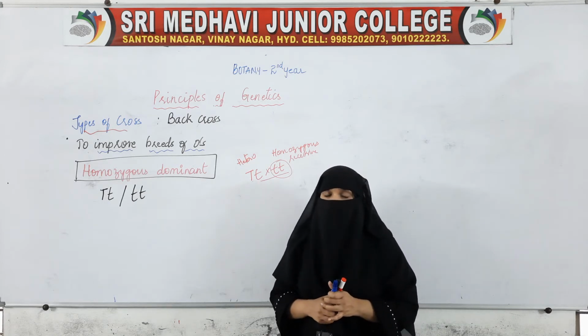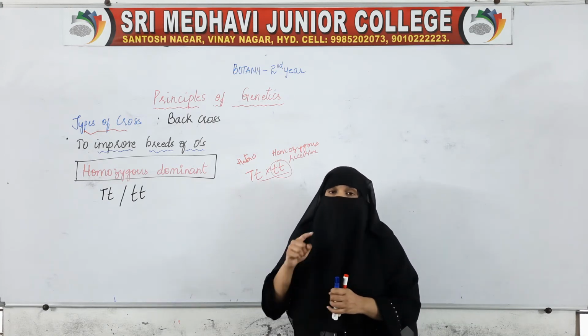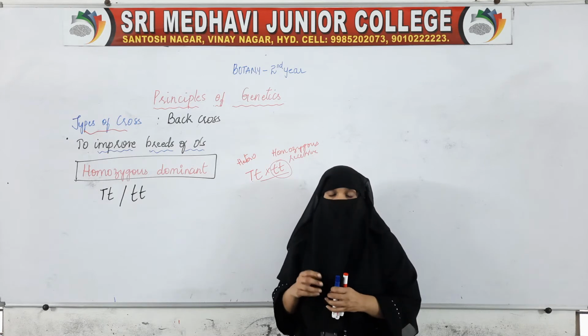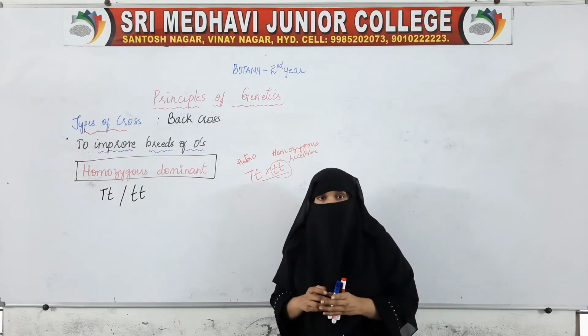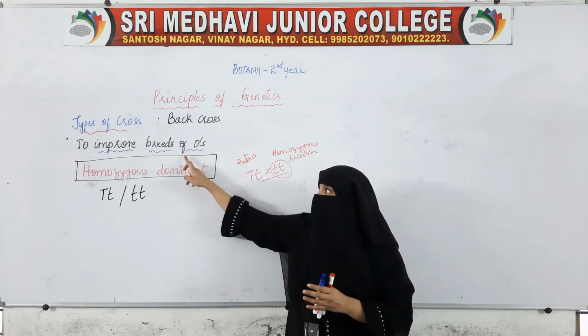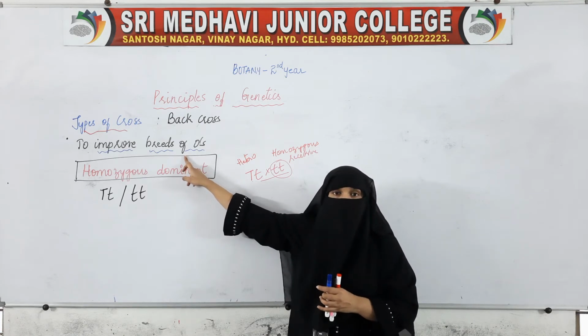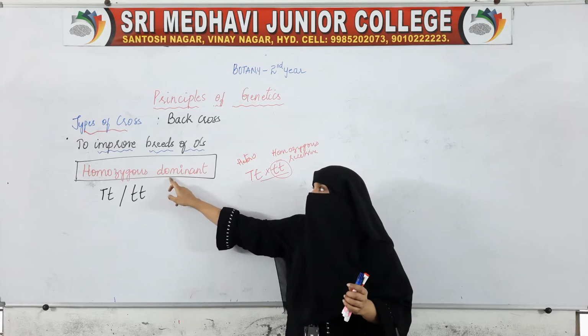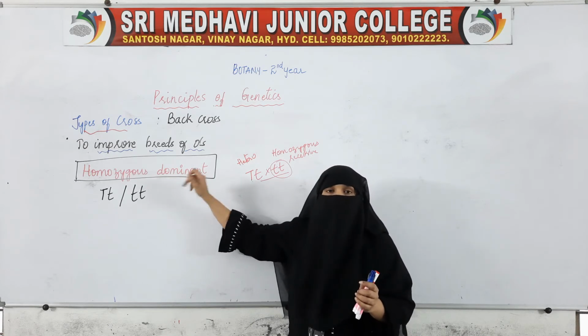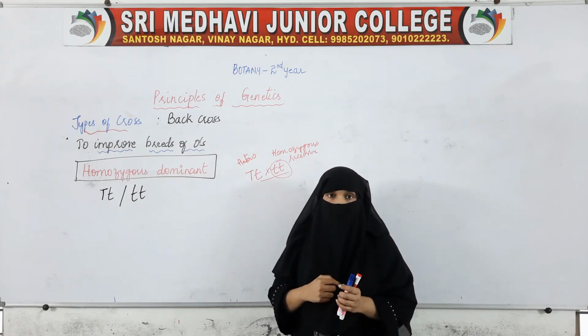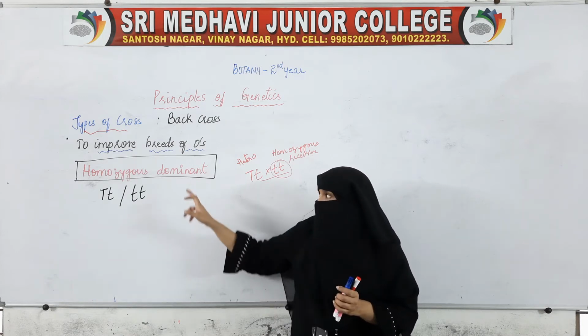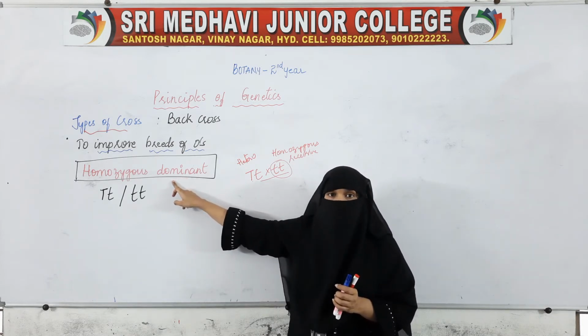In test cross we were using homozygous recessive to know the genotype of the unknown. Here, to improve the breed of the organism, we cross the organism with another homozygous dominant.